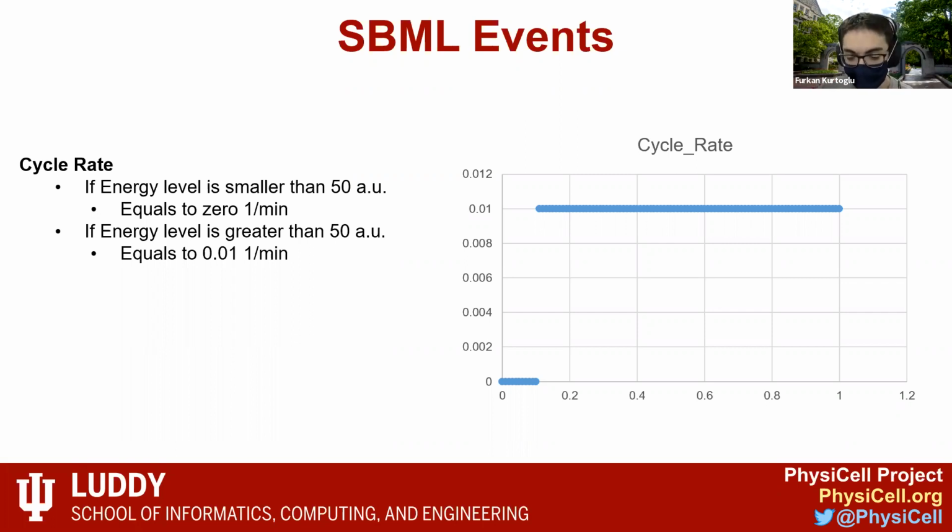So you can mathematically assign this in the SBML, or you can also use the events. And this is the result for the cycle rate. After some point, the energy is increasing because of the glucose and oxygen, and then the cycle rate is changed.